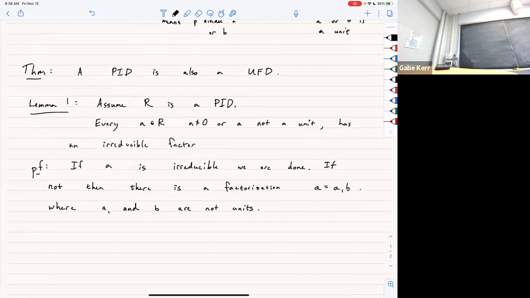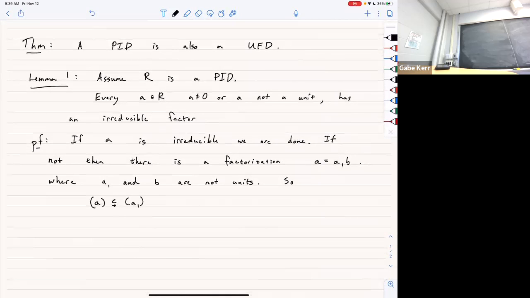That means that A1 properly divides A. So the principal ideal generated by A is contained in the principal ideal generated by A1, but they're not equal. If they were equal, B would have to be a unit. So make the same argument with A1.